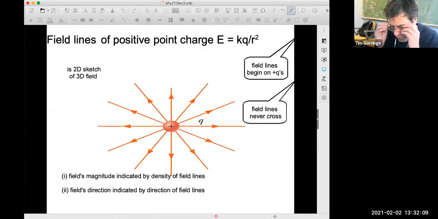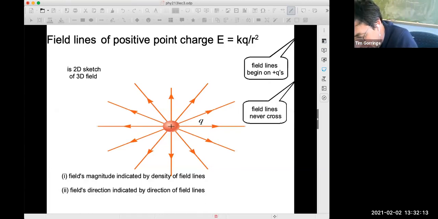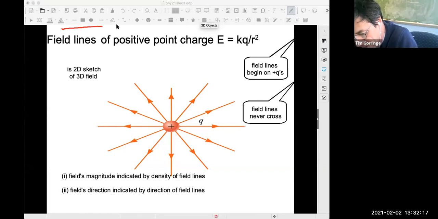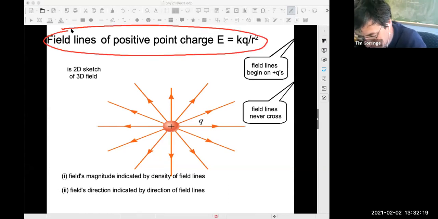So here's an example of drawing field lines. This is sketching the electrical field of a single positive charge. And we sketch it by drawing these lines, so these radial lines here coming outwards from that charge. And the magnitude of the field is represented by how closely packed the lines are.